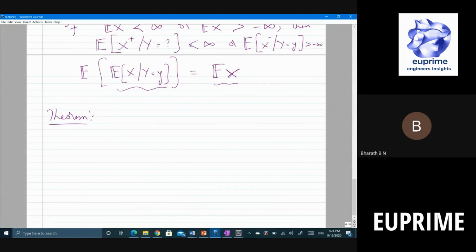Let x and y be discrete random variables.